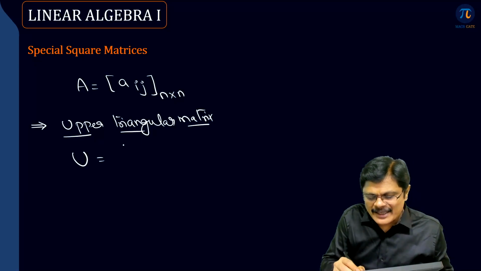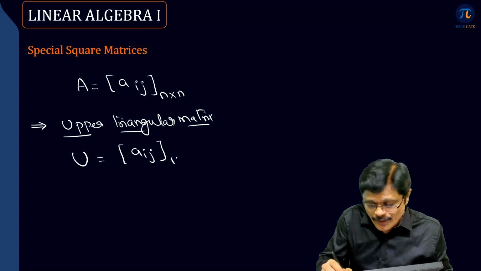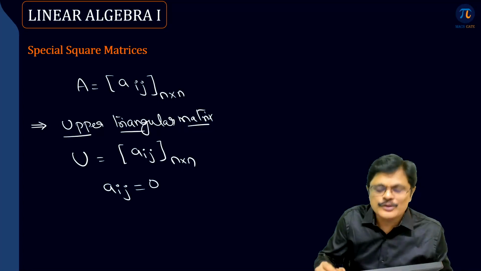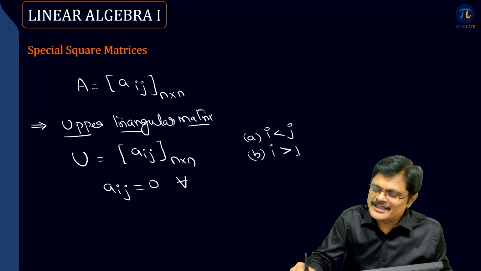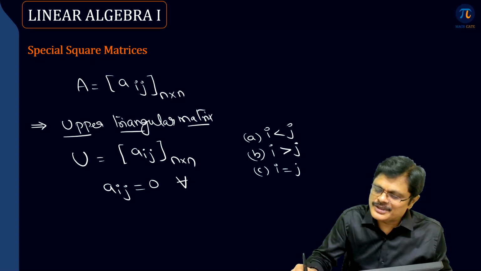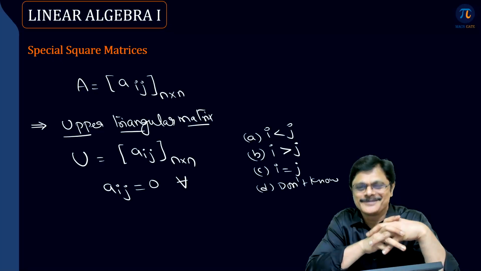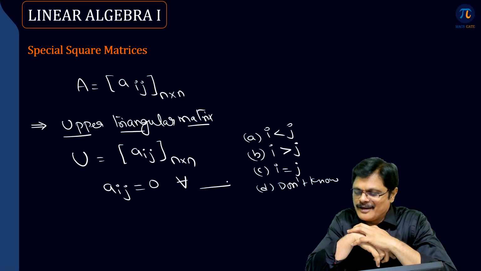The upper triangular matrix is a square matrix with the condition Aij is equal to 0 for all, and I'll give you options: i less than j, i greater than j, i equal to j, or don't know. Of course, you cannot write don't know here, I have just given it. What is the answer? What is an upper triangular matrix: i less than j, i greater than j, i equal to j, or none of them?